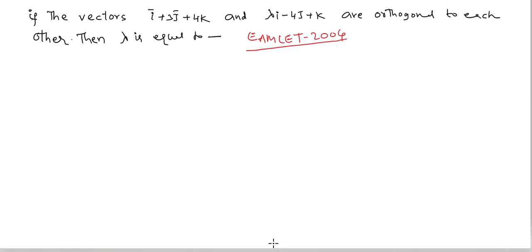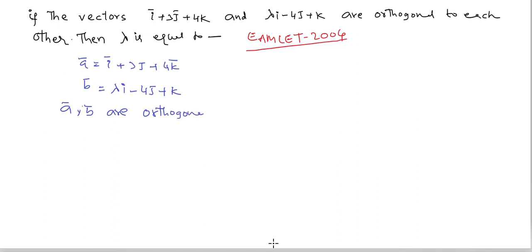If the vectors I bar plus 3J bar plus 4K bar and lambda I bar minus 4J bar plus K bar are orthogonal to each other, lambda is equal to dash. This is MSET 2004 question. Here A bar is given, that is I bar plus 3J bar plus 4K bar, and B bar is given, that B bar is equal to lambda I minus 4J plus K. Here A bar, B bar are orthogonal vectors.